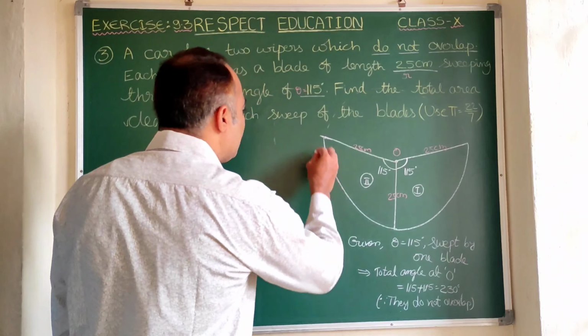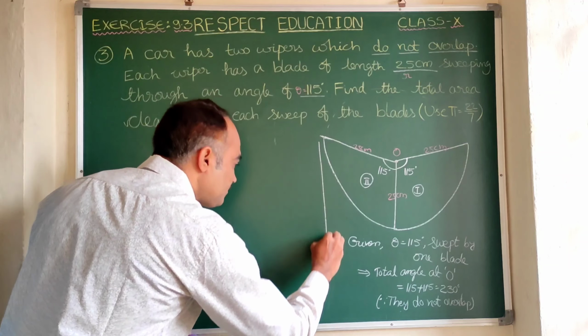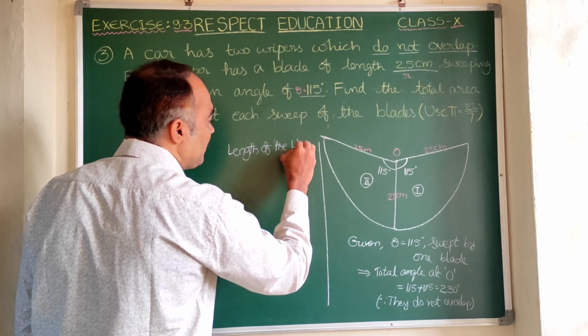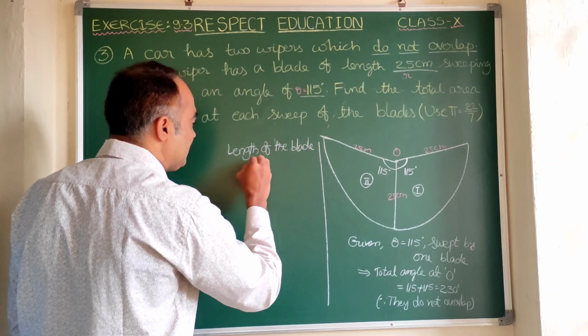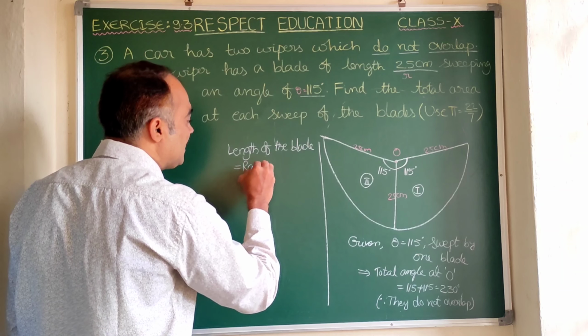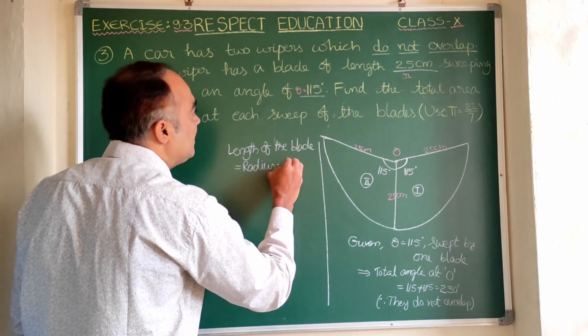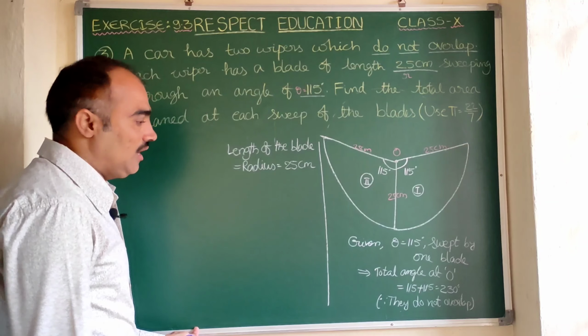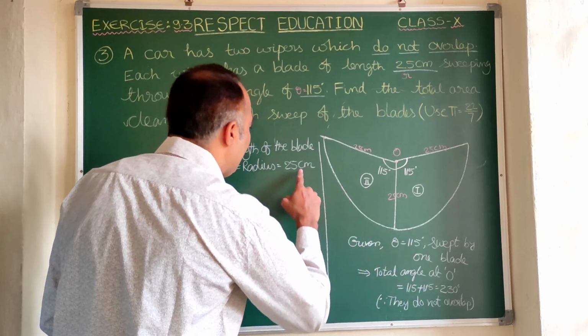Now, also given, length of the blade. Length of the blade is nothing but the radius of the circle. That is 25 centimeter. Now we have theta and radius.